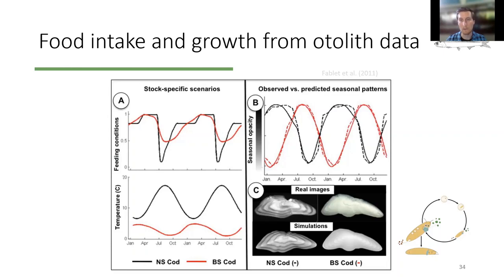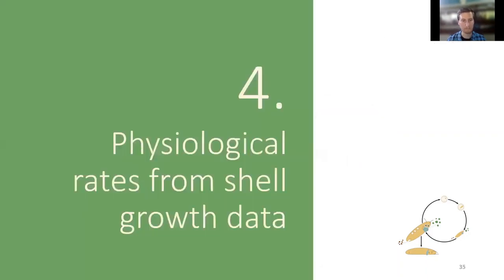But if you are interested in this example, I encourage you to go check this study, which is very interesting. But that's a very interesting example of how trajectory reconstruction can be used.